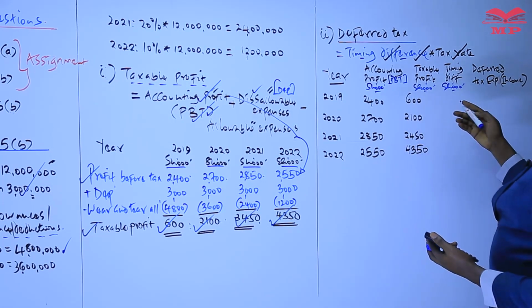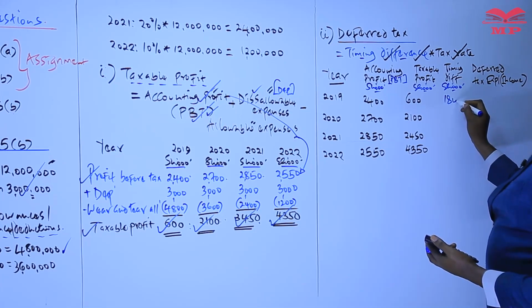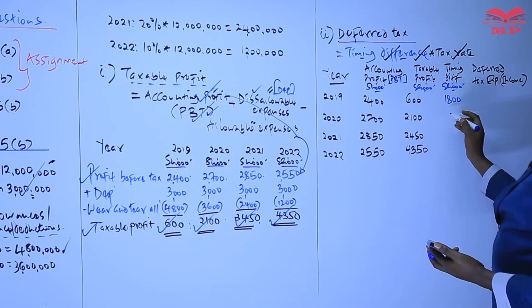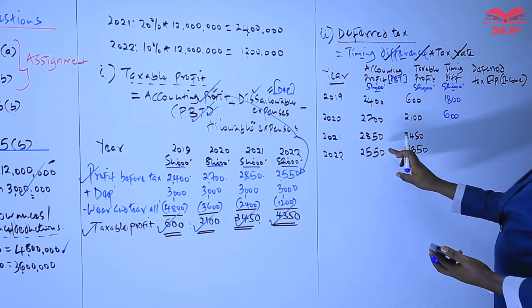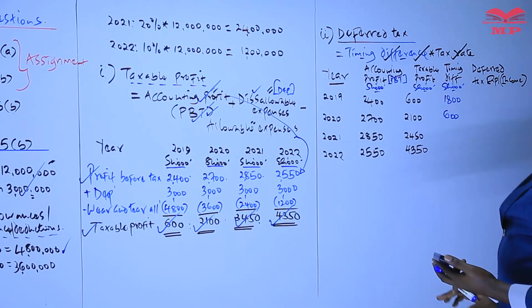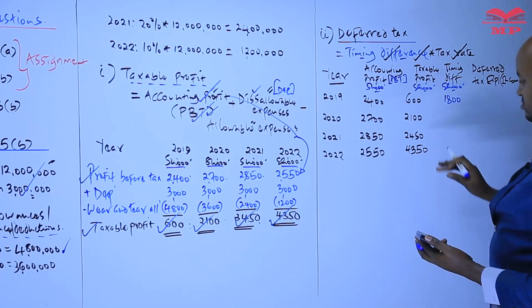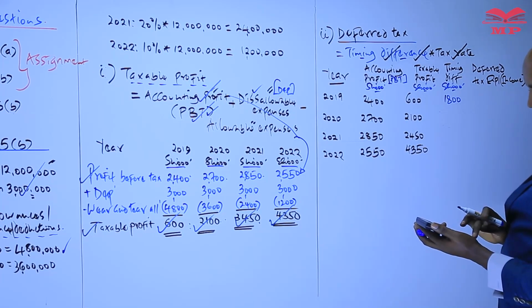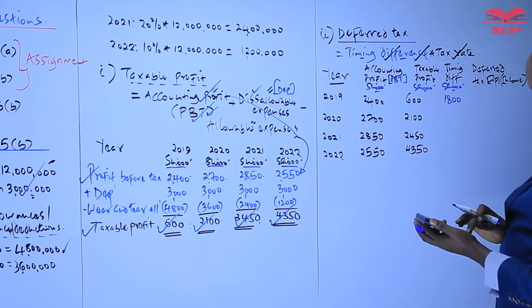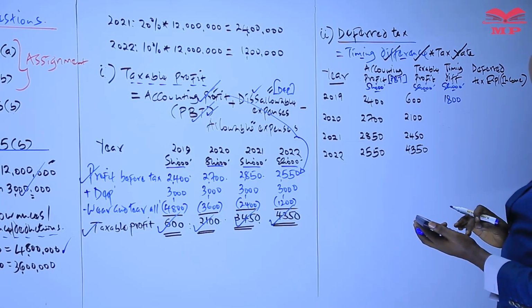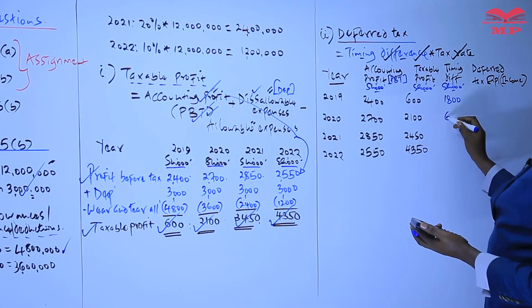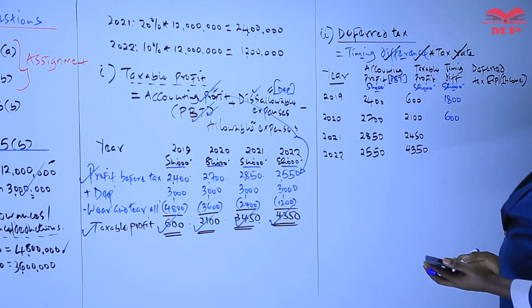So let's get the difference here first of all. This minus this will be 1800, which is a positive figure. This minus this will give us 600. Let me take 27 minus 21. That will give us 600.